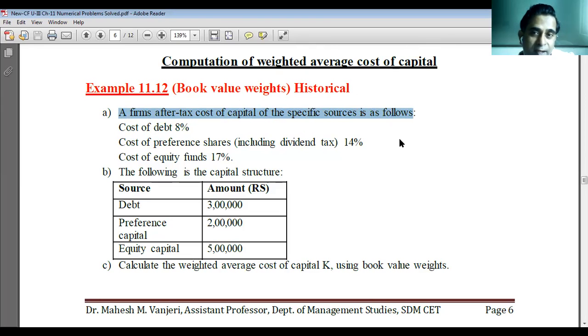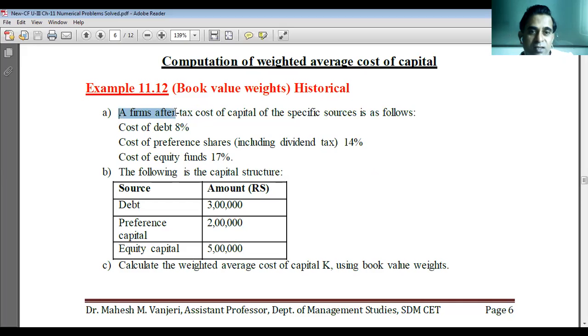Ready data is given about specific costs like cost of debt, cost of preference, cost of equity, and that is the after-tax cost. So you need not calculate anything. Simply, this problem is to understand how to assign weights and compute the weighted average cost of capital.